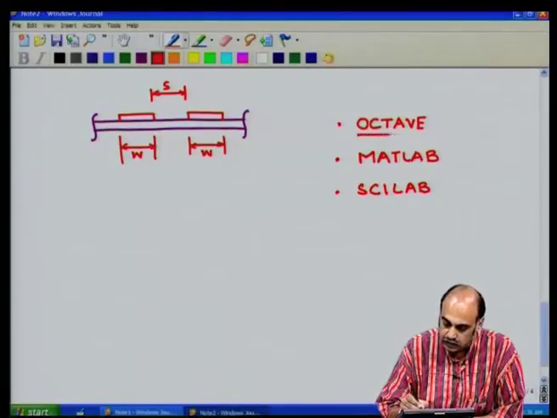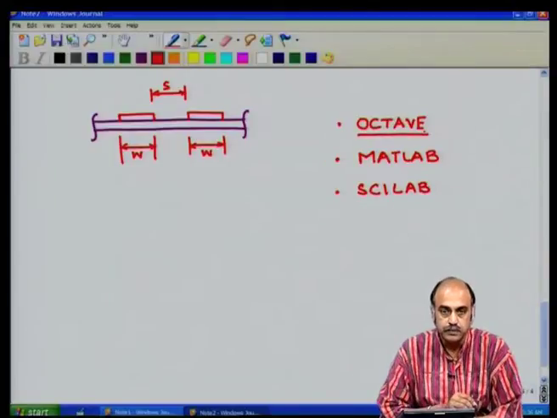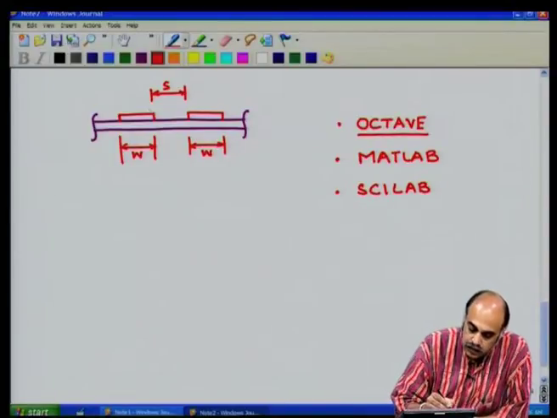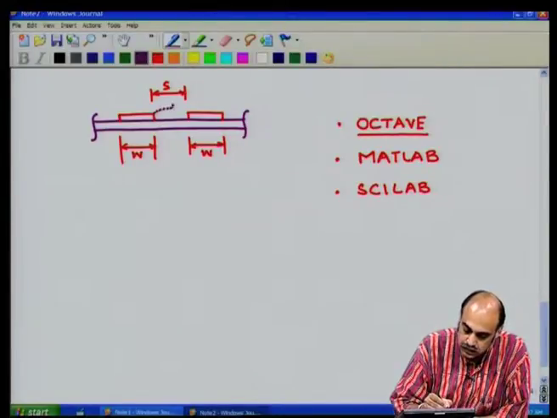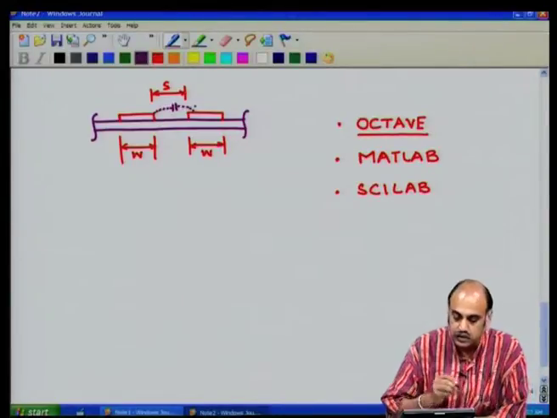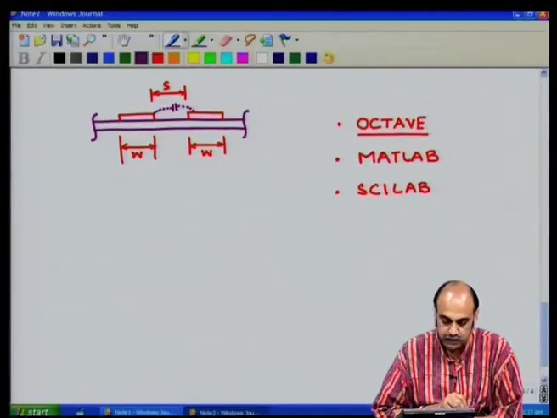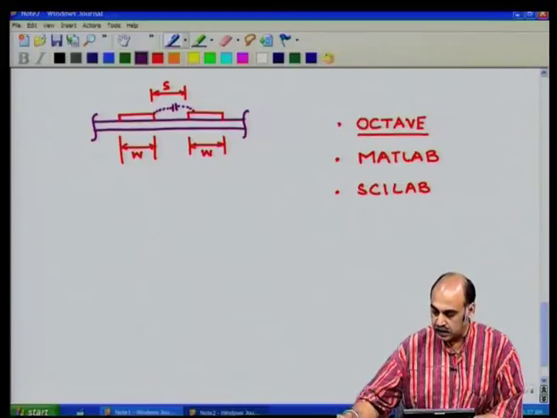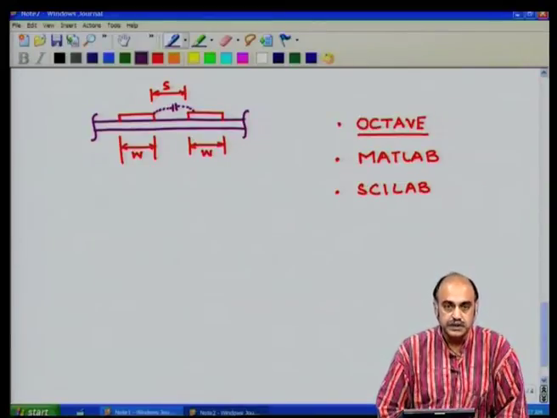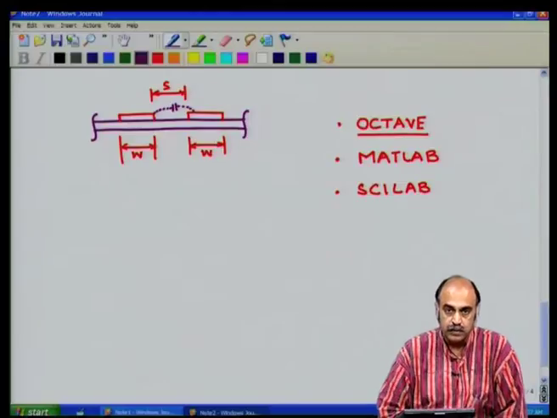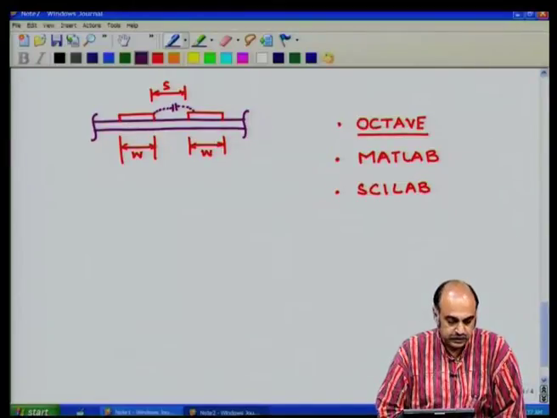So, right now let me try to demonstrate to you the way the capacitance between these two tracks. Our interest is the capacitance between these two tracks, some kind of a nomograph, a graph, which will give us an idea of the relationship between the widths and the spacings between the conductors.